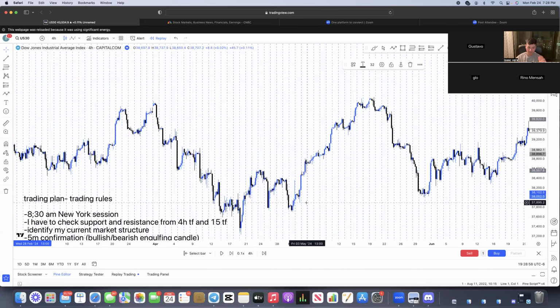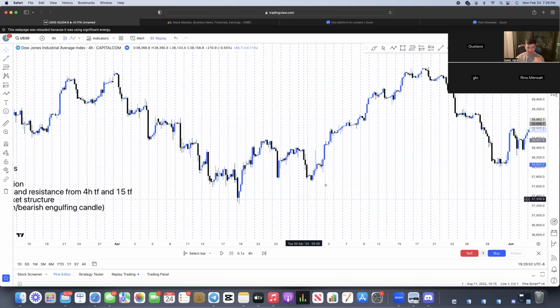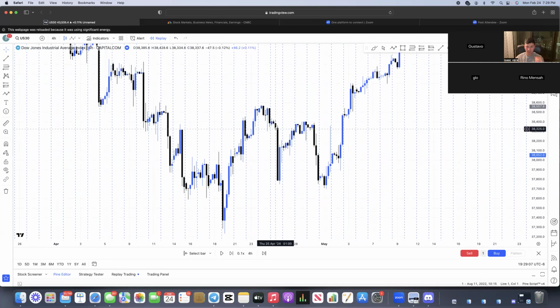For example, right here, if you guys see how this big bearish engulfing candle formed, this is bearish because it's oversizing the previous candle right here. And the same thing about here.